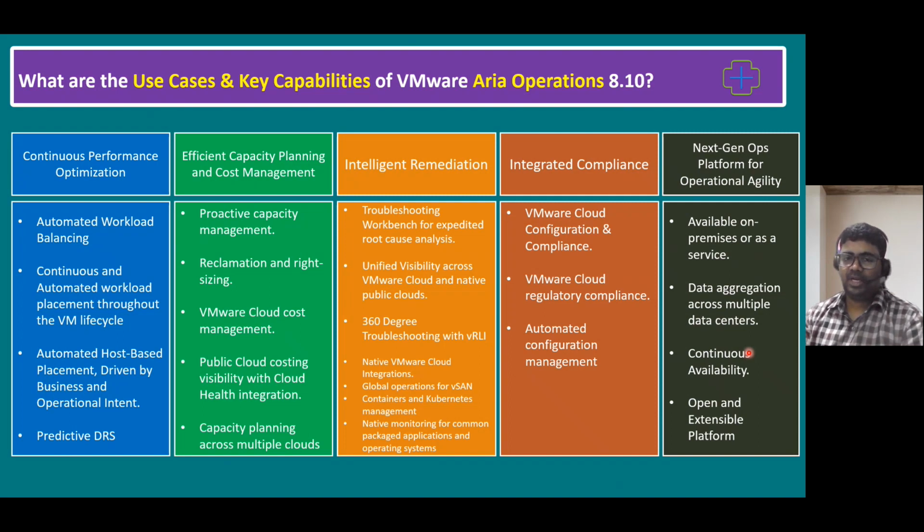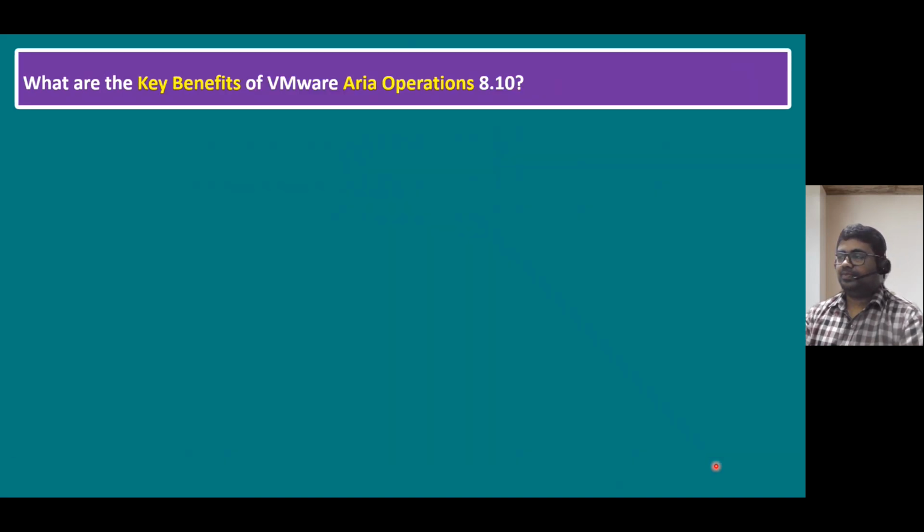Standard means it comes with one appliance, and advanced deployment means it's like a cluster setup. So in case one virtual node of Aria Operations is down, there will be no impact to our production. That's why we mention continuous availability, and open and extensible platform. Not only limited to the three nodes, if you want to extend, we have a facility to extend. And also not only on premises, you can extend your functionality to SaaS. Using SaaS functionality, we can extend to the cloud environments. That is the key capabilities of VMware Aria Operations version 8.10.